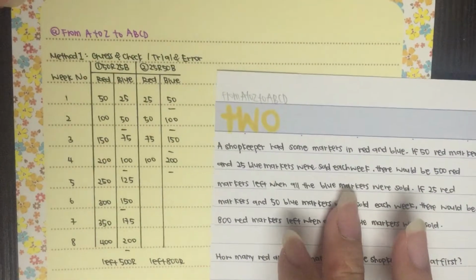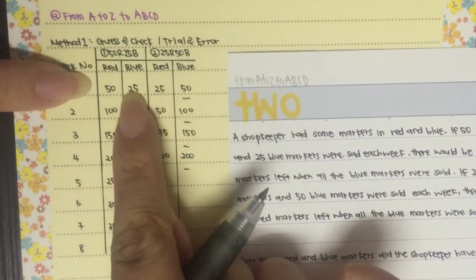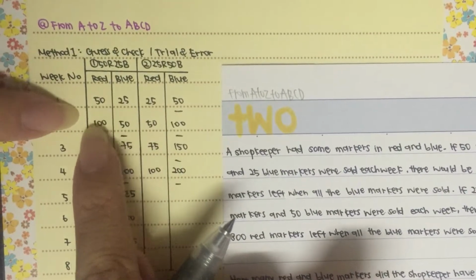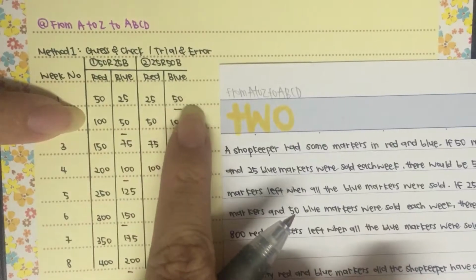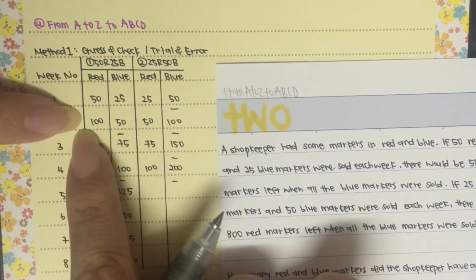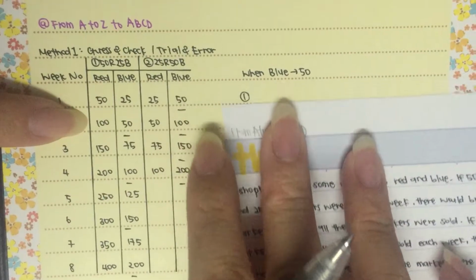So the first thing, we should actually calculate the first week, and we realize that the number does not match. So when we do this step, we realize that the number matched. So we know that this is one case. Then we calculated when blue is 50, which is our first case.